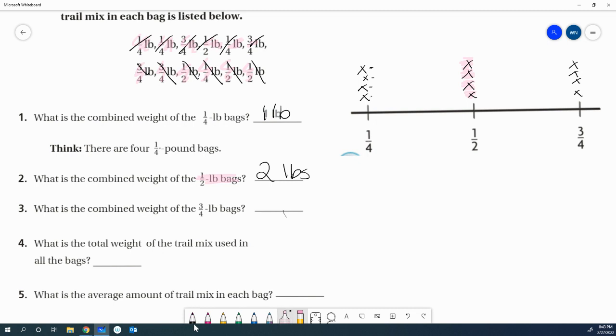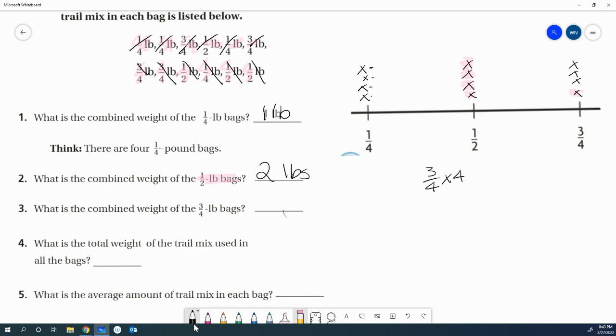It's a little bit harder to count by 3/4. So we've got 3/4. Now let's add 3/4 plus 3/4 plus 3/4 plus 3/4. We could add them up. That's one way to do it. But another way to do it would be multiplying. So I know I've got 3/4 times 4.